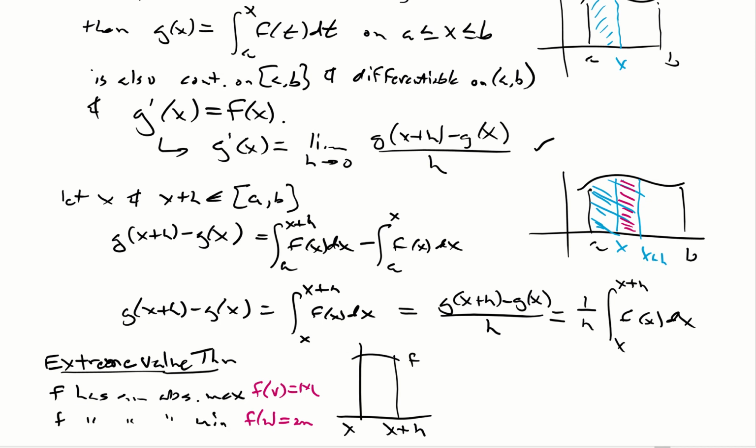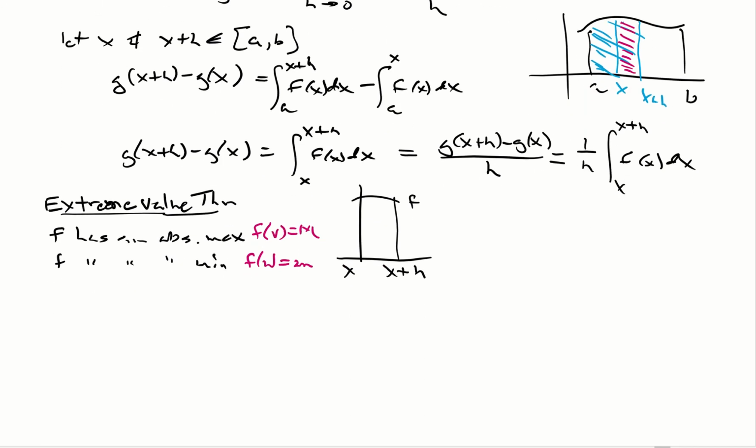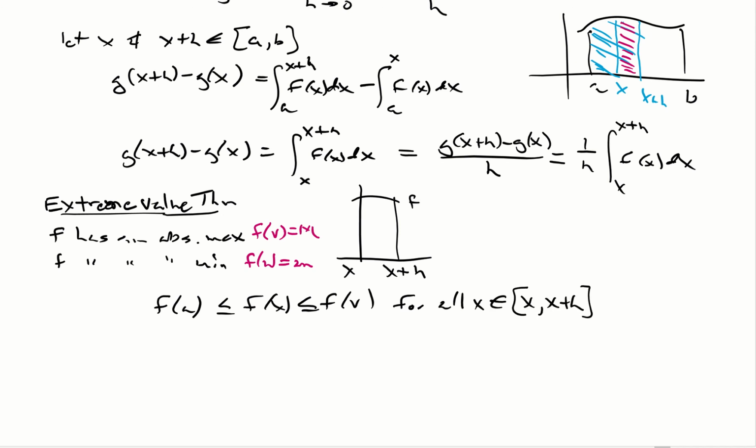Okay, so on this interval, you have an absolute max and min. So what it's saying is that f of u is less than or equal to f of x is less than or equal to f of v for all x in the interval x to x plus h. Okay, so we're getting somewhere.